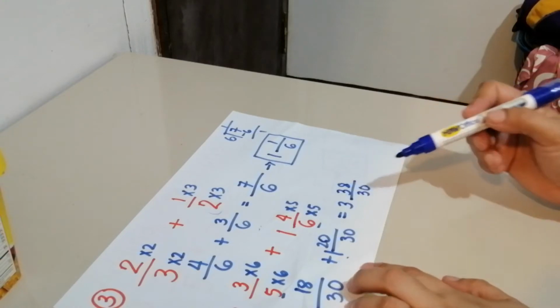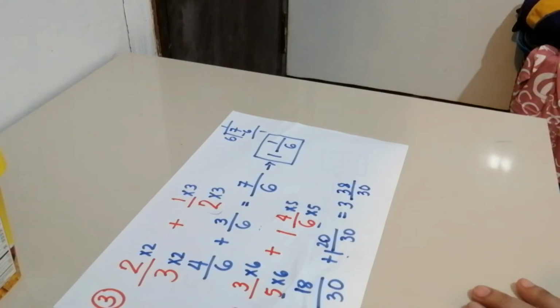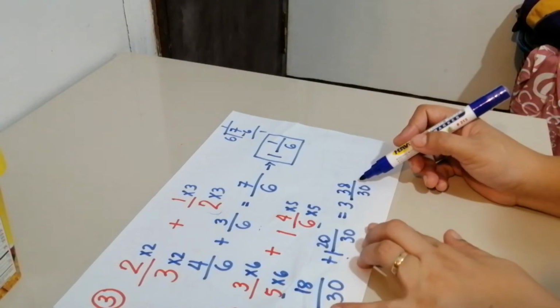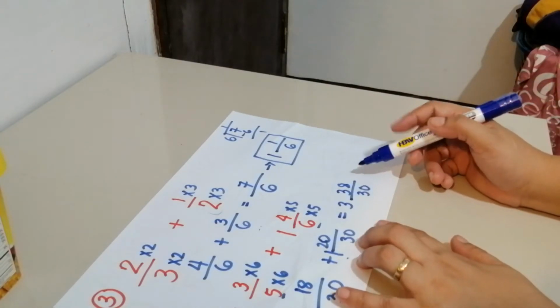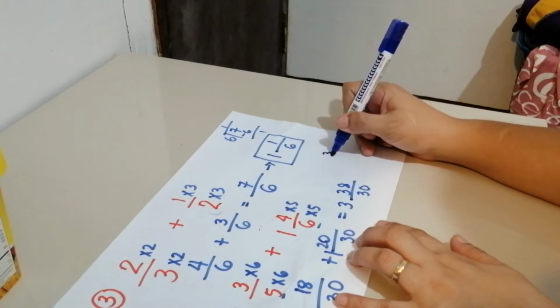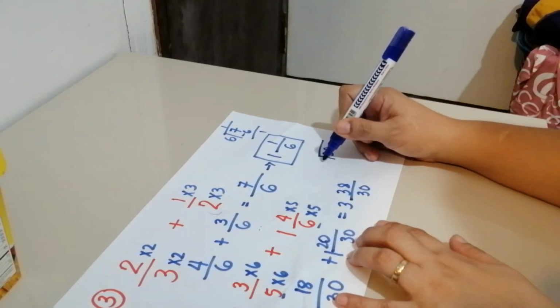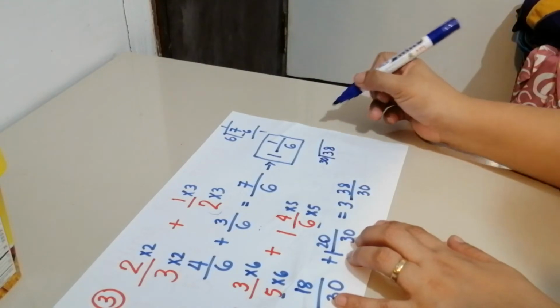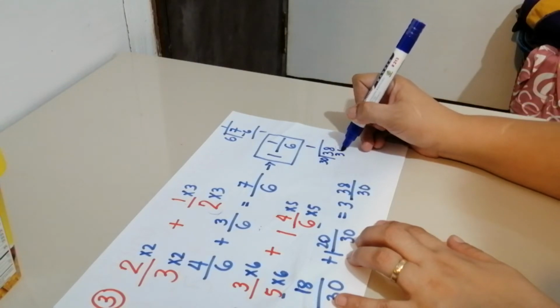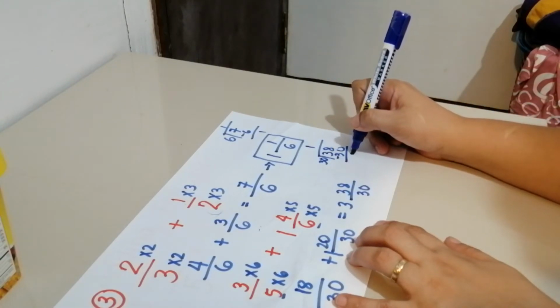Yung 38 over 30 dito is an improper fraction again. That's why we need to change this to mixed numbers. So, we have to divide this 38 divided by 30. That will be 1, 30 minus and then 8.